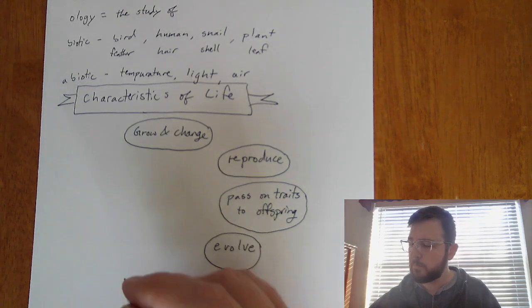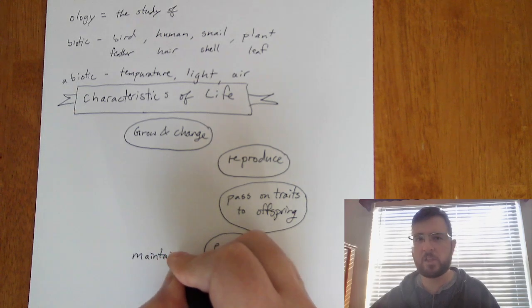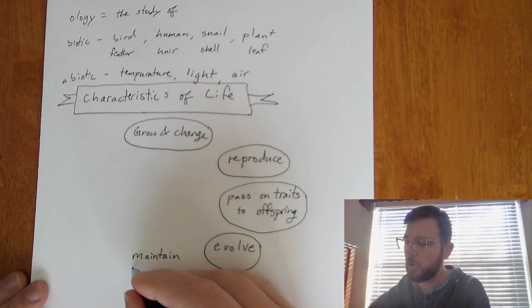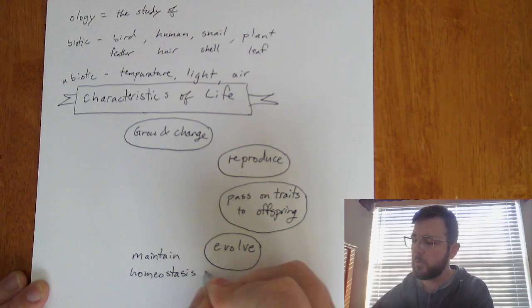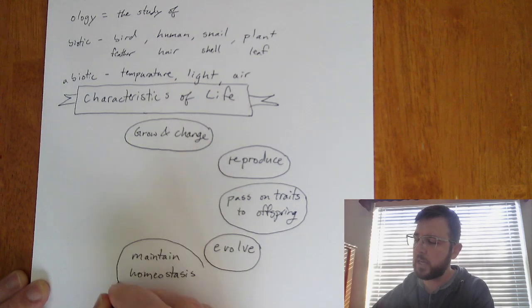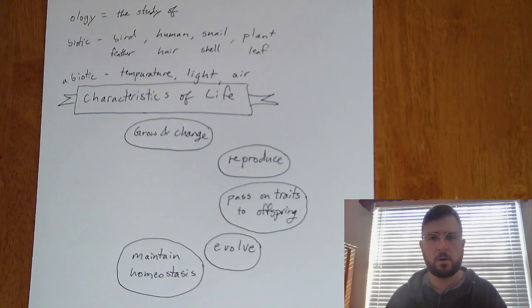You also maintain the same state. You maintain homeostasis. You retain the same kind of internal state, the same temperature, the same pH levels inside your blood, the same amount of oxygen.